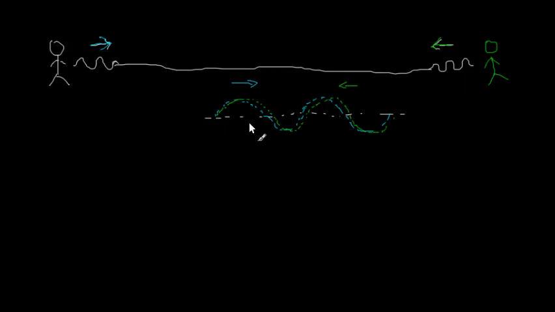What happens when they overlap almost exactly? Well, from the principle of superposition, we would expect the displacements to add. So let's say at this peak, both have upward displacement. So when they add together, I will get a higher peak, maybe up there somewhere. And here, where both have downward displacement, I would expect that when they add, it would be even lower. So peaks will become higher, the troughs will become lower.